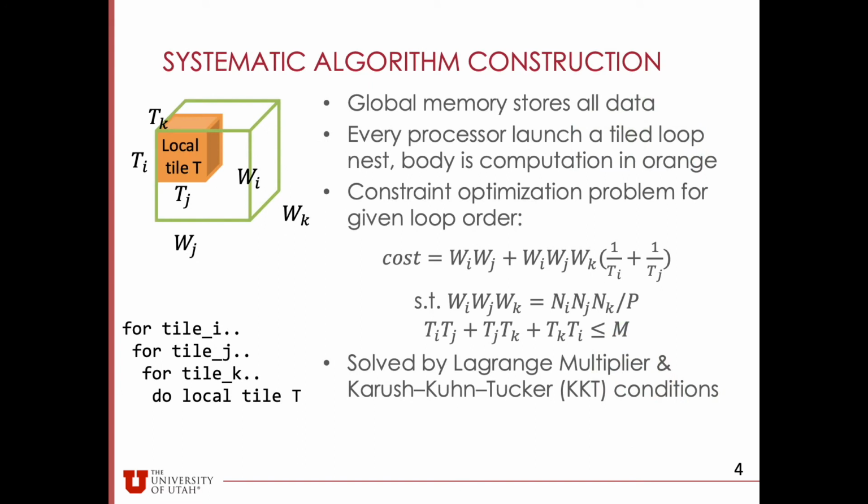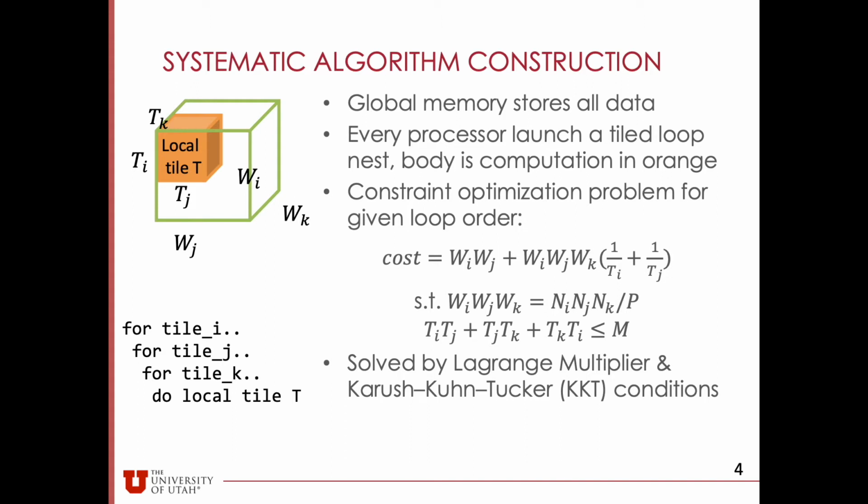We will then introduce how we construct the tile size optimization problem. Under the two-level tiling view, each processor is running a tiled loop nest, and the body of the loop nest is the computation of a single local tile.